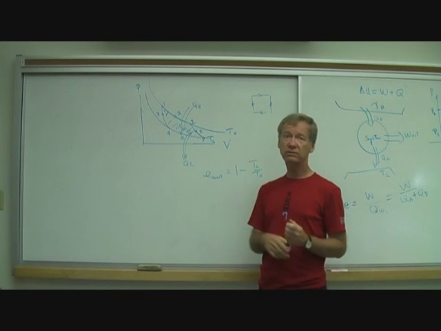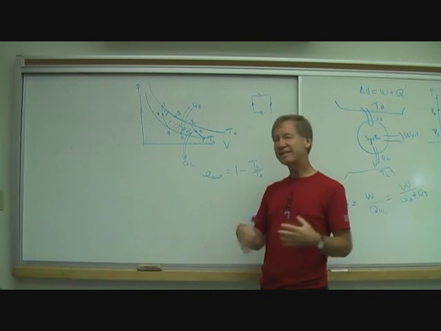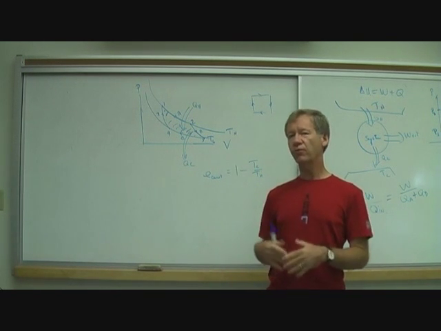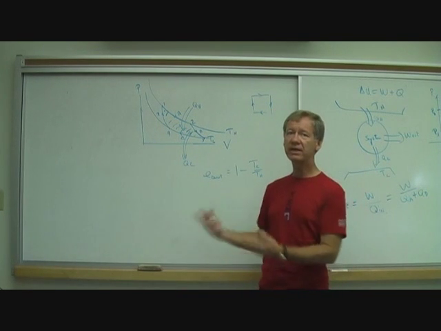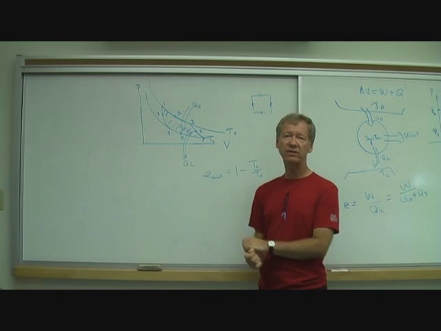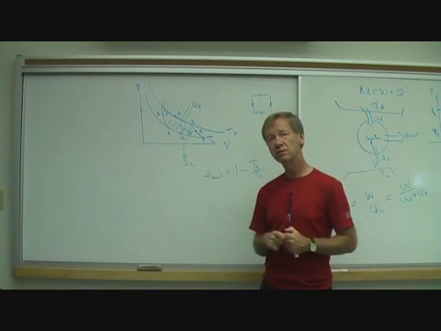Uses those 4 processes. There's something called a Stirling engine that does the same thing. A steam engine uses what's called the Rankine cycle, which again is simply a specific set of these 4 processes to create a cycle. All right?